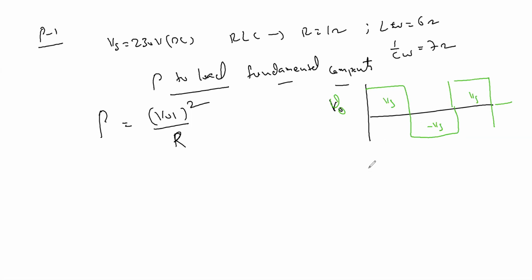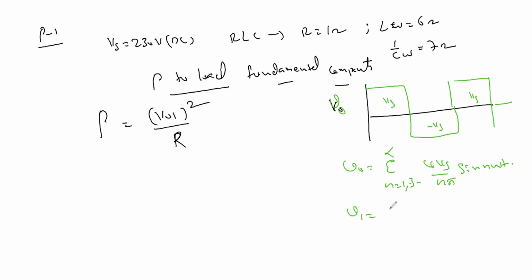So look at the fundamental component or the harmonic which I have written there, harmonic analysis. This is sigma n equal to 1 to infinity, 4Vs by n pi sin n omega t. Do you remember that? So V1 चाहिए. V1 कितना होगा?